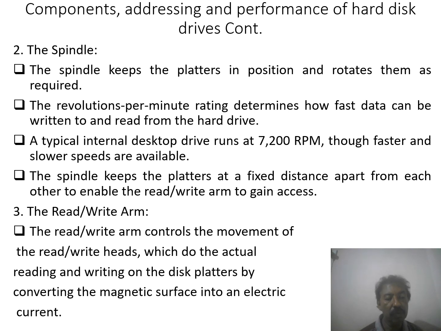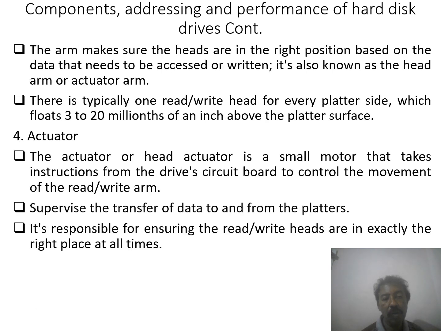The next is the read-write arm. The read-write arm carries the read and write heads, which do the actual reading and writing of the disk platters by converting the magnetic surface into electric current. The arm makes sure the heads are in the right position based on the data that needs to be accessed or written.